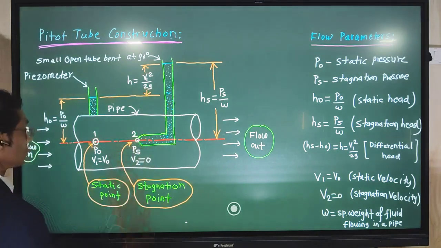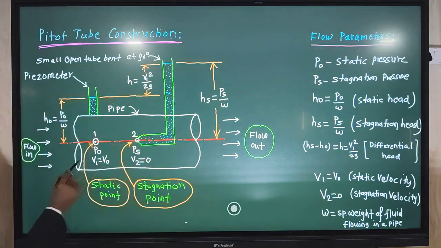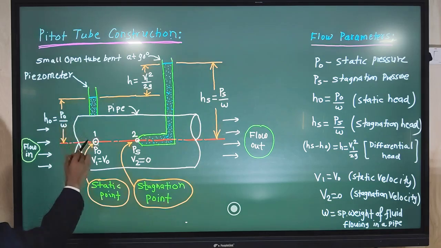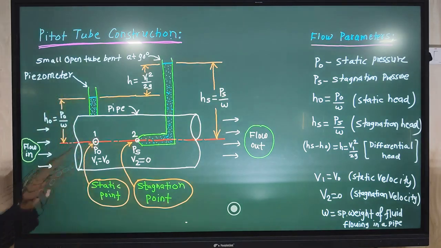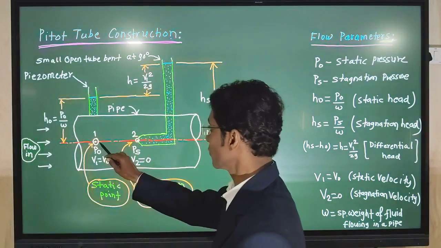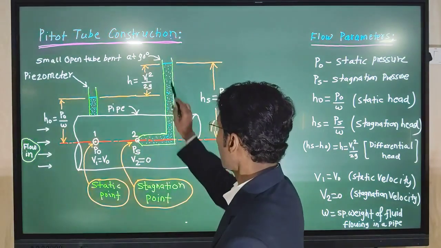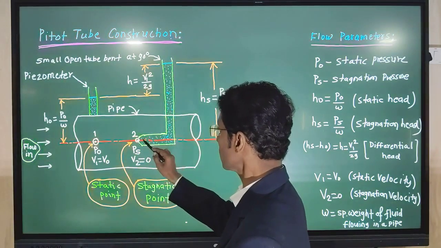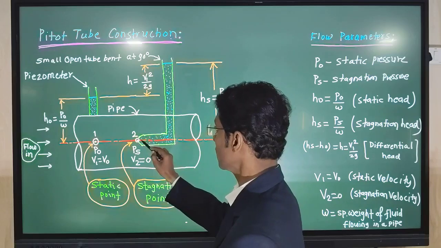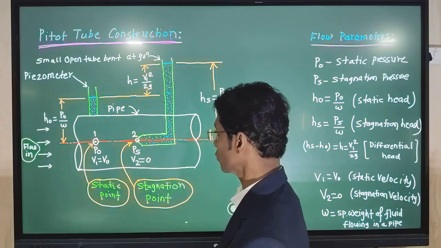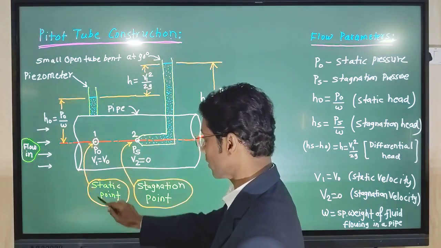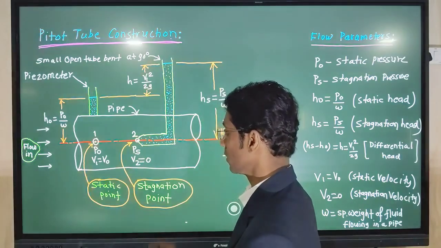This is an open end to the atmosphere, and this is the other end which is open to the flow. Now in this flow, at the location where the piezometer is fitted, this point we call point number 1, and another point where the end of this tube is located, we call 2. Point number 1 is called the static point.